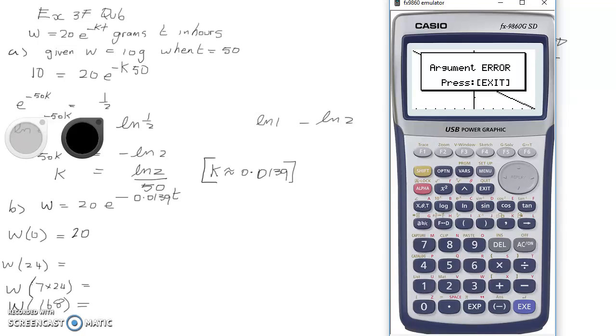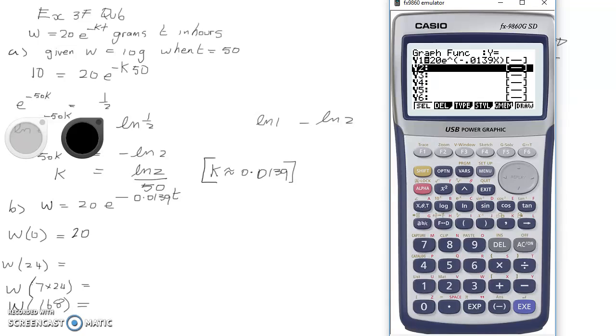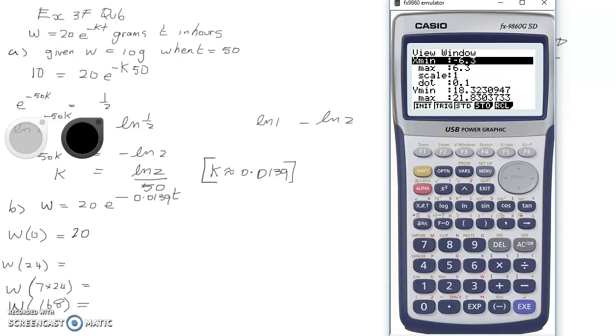Doesn't like it. So that means my view window isn't large enough. Shift view window. So exit. Shift view window. Well, we want it from 0. Our maximum x value is actually going to be about 170. So let's go up higher.